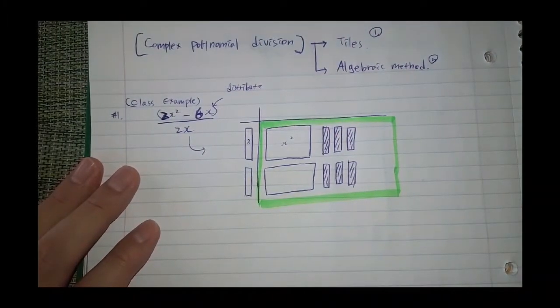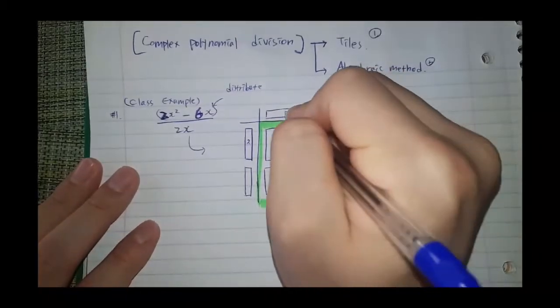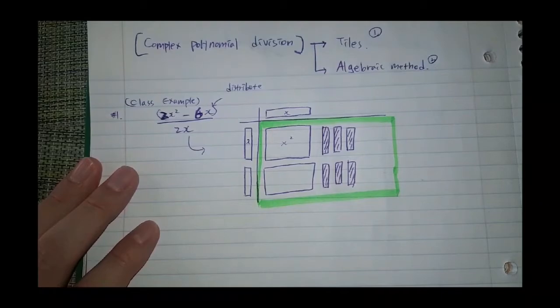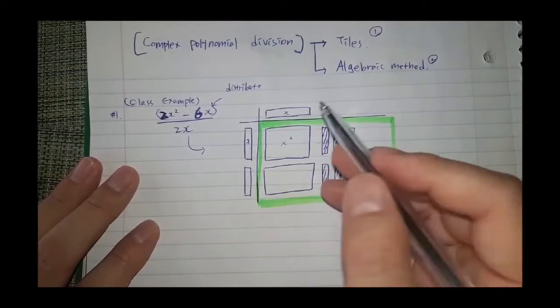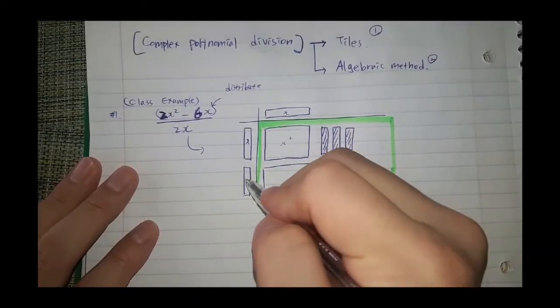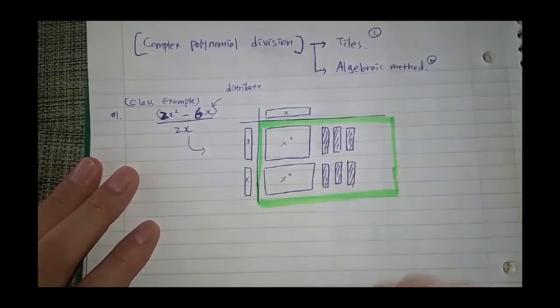So how can I make x squared? The easy answer is multiplying x by x. It should be empty, so that positive and positive make positive. If this is colored, then I should color the other one. That also works for the bottom combination: x and x make x squared.